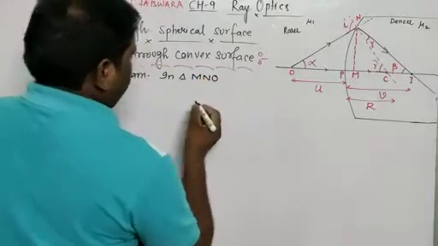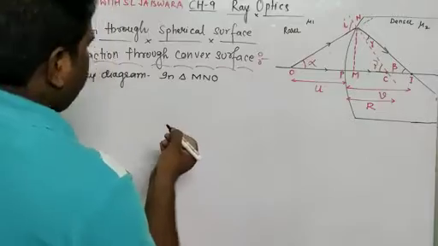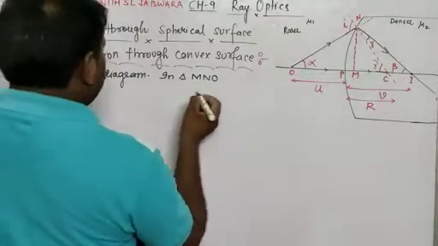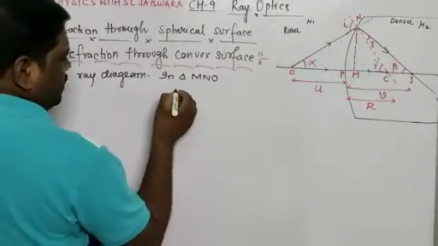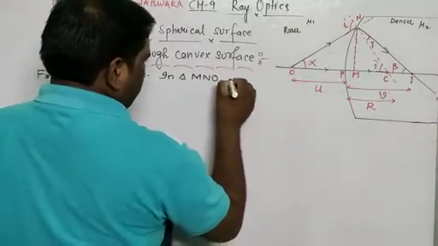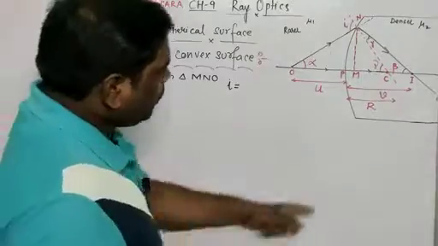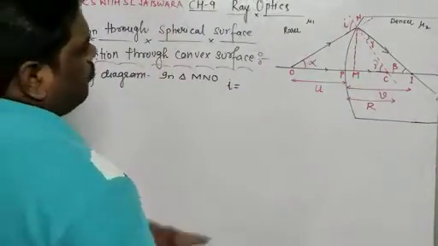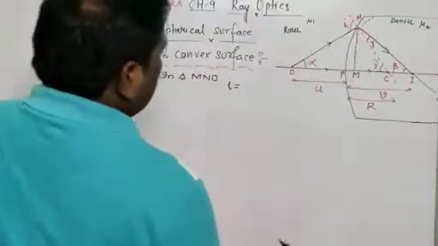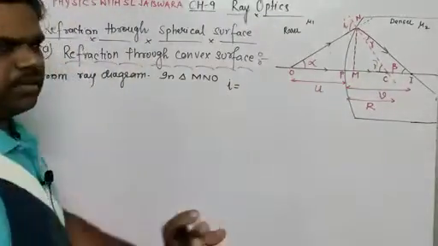Alpha is equal to, or you may write angle of incidence, that is i is equal to, let me correct it.